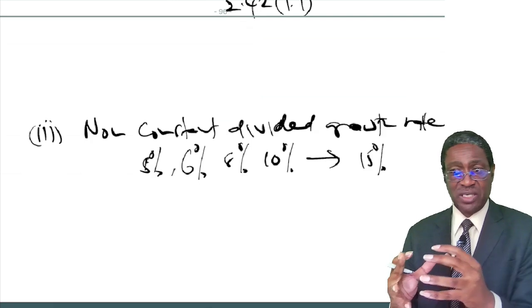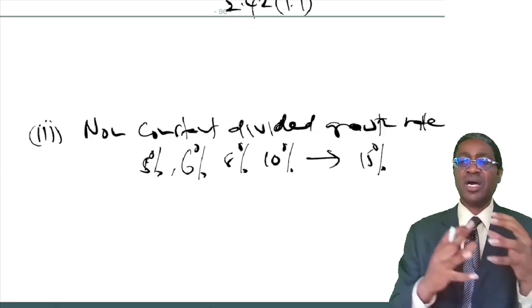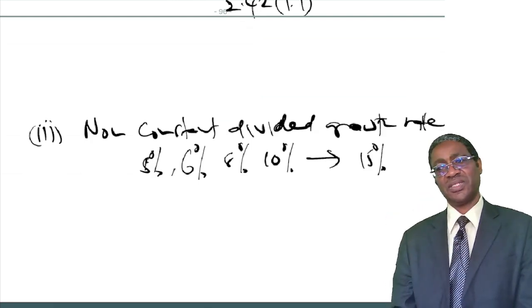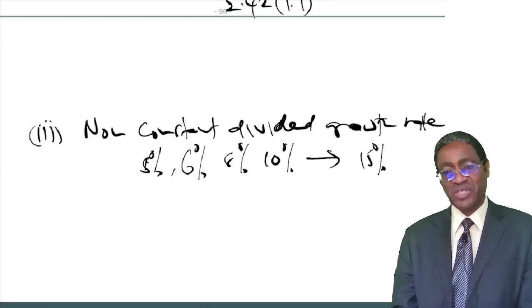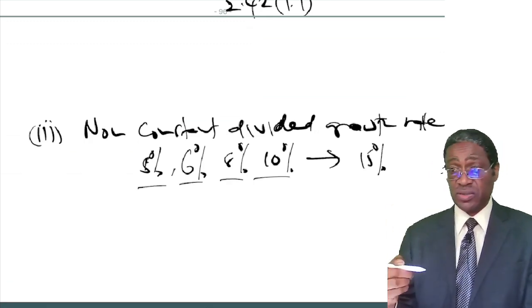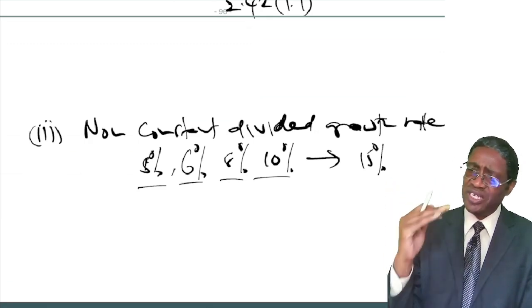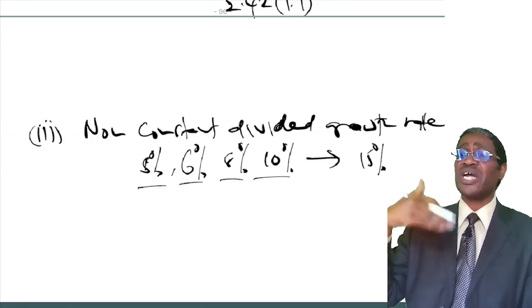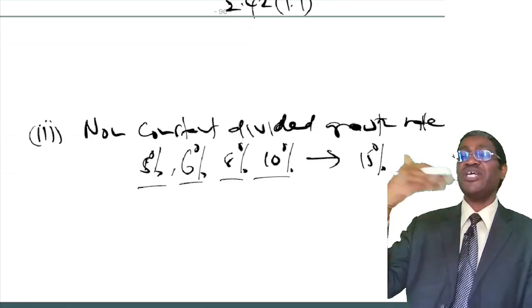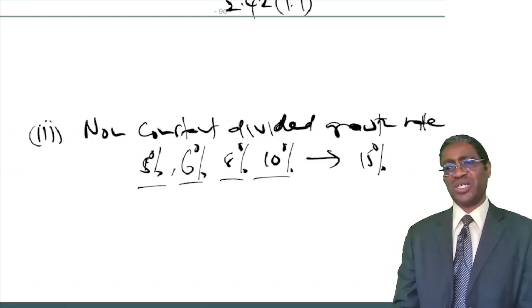Are you getting? We are mixing non-constant growth rate in dividend and the constant rate of dividend. Maybe for the first 4 years, the dividend growth rate keeps changing. But after some time, we realize that the dividends are growing by a constant rate into perpetuity or into infinity. How do you get the value of such shares?